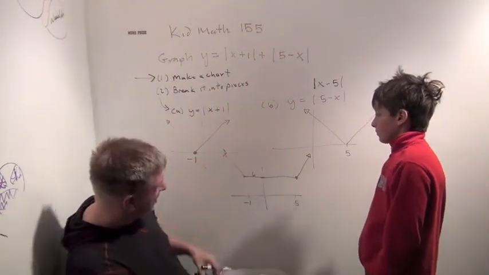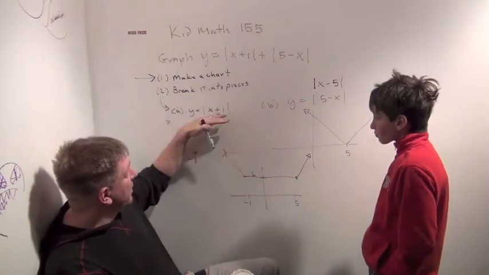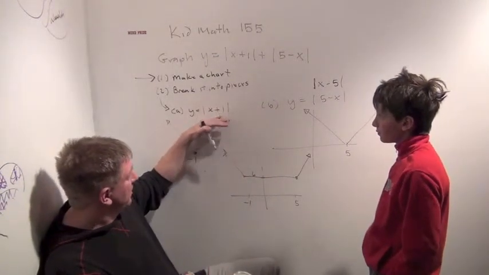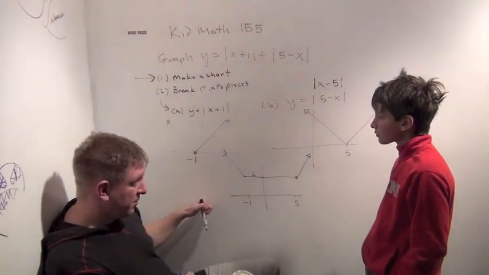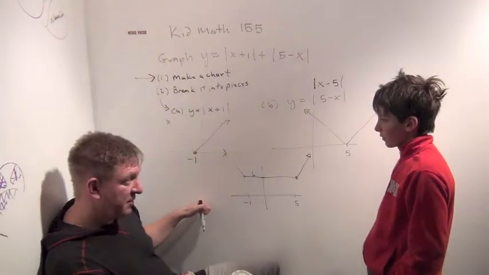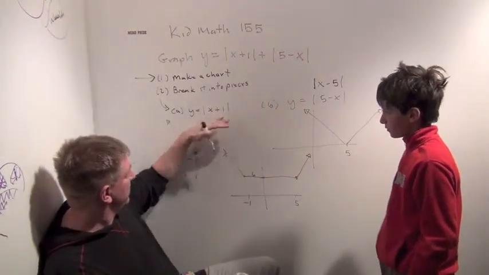It's actually pretty interesting, and this is just hand waving visually. We can actually write down the values of the function. Way over here for big negative numbers, this is minus x minus 1, right?